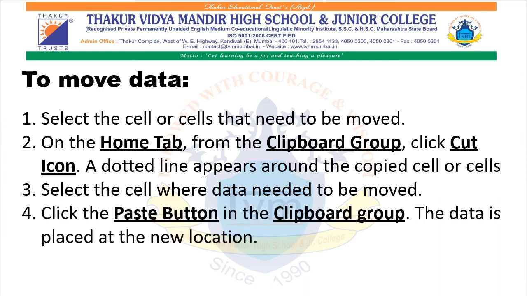Fourth step, click the Paste button in the Clipboard group. The data is placed in the new location. These above two slides show the first way to move the data to a new location using the copy and cut options.